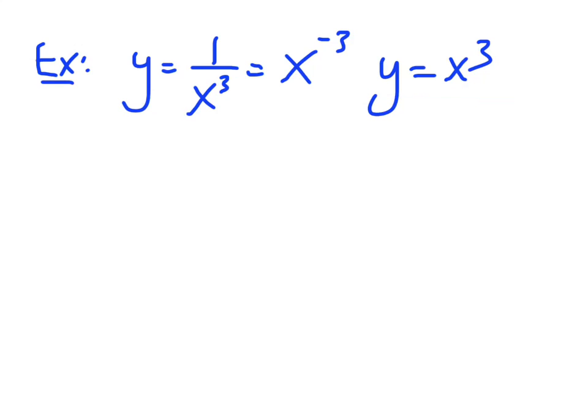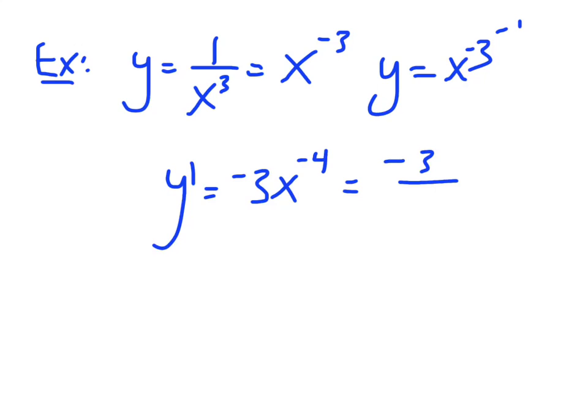So now, my y prime, I'm going to end up with negative 3 comes down in front, multiplies the 1, it's just 1, so it's negative 3. And then I'm going to subtract 1 off. So negative 3 subtract 1 is x to the negative 4. And then if you don't want to have a negative exponent, you can rewrite that like that.